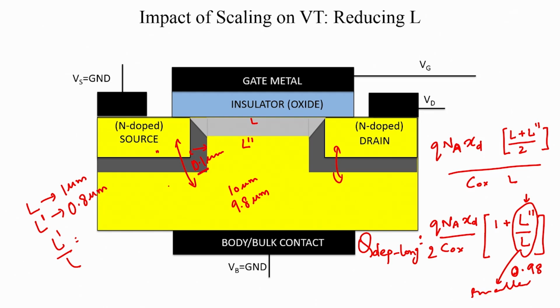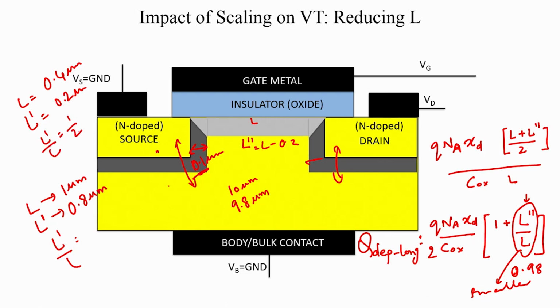And further, if we further reduce L, so let us say we make L as 0.4 microns as we are beginning to approach the depletion thicknesses, then my L dash would now become 0.2 microns. So, it will be L minus 0.2 because each of these regions is 0.1, and therefore, my L dash by L has now become half.